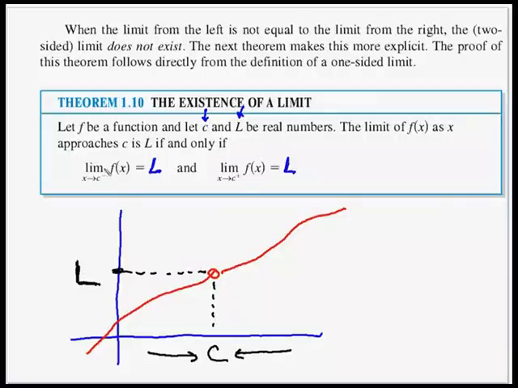This is just saying the limit from the left has to be equal to the limit from the right. These two are both equal to L, so they are both equal to each other. The limit from the left and the limit from the right are the same. And that just means graphically that we're approaching that same hole in the graph, or that same point in the graph, at that height, L.